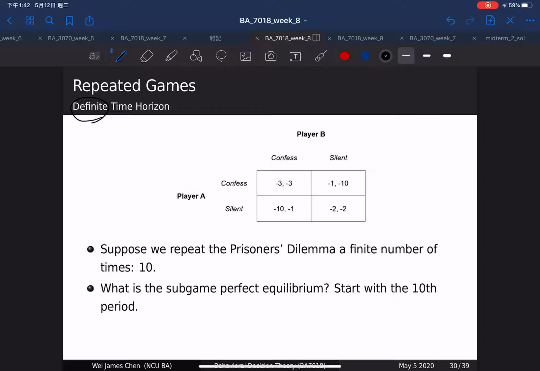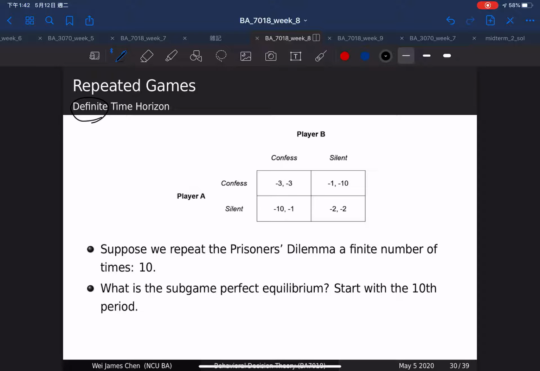Okay. Now consider we repeat the PD for 10 times. When we're talking about sequential games, we always want to find SPE, because there are many Nash equilibria that could exist but are non-credible. So we only find the subgame perfect equilibrium.